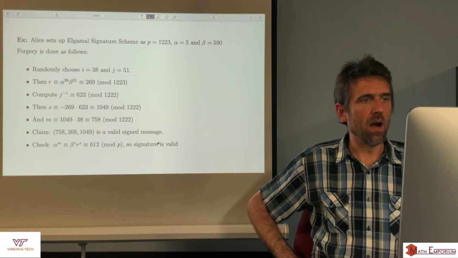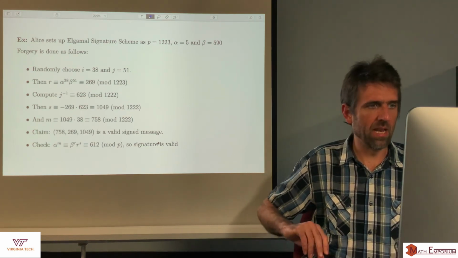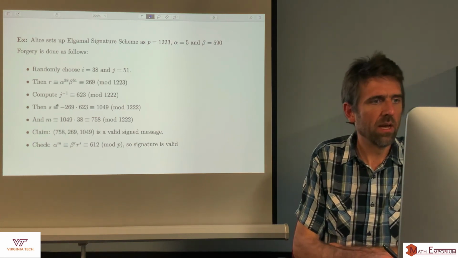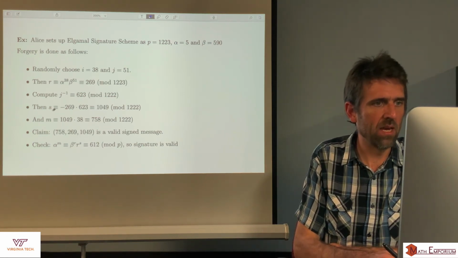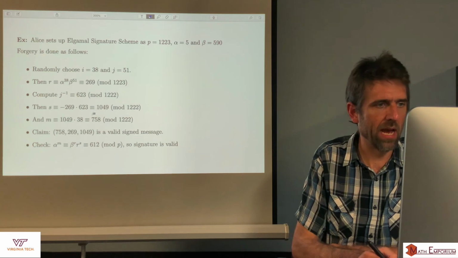Then r would have to be alpha to the 38, beta to the 51, which is 269. I would compute j inverse, which is 623. Then s would have to be minus r times j inverse, which is 1049.